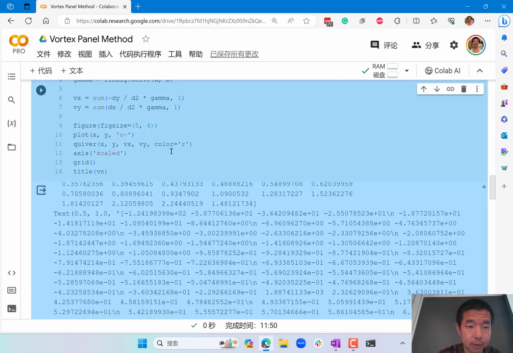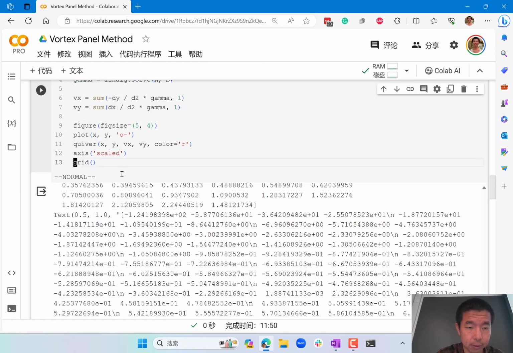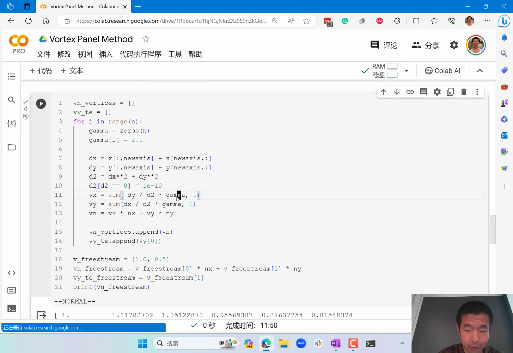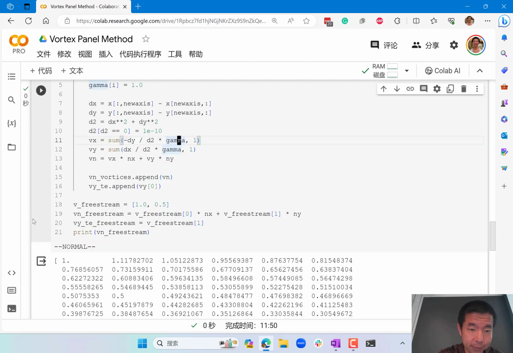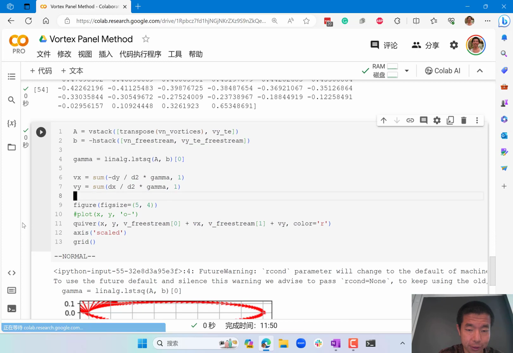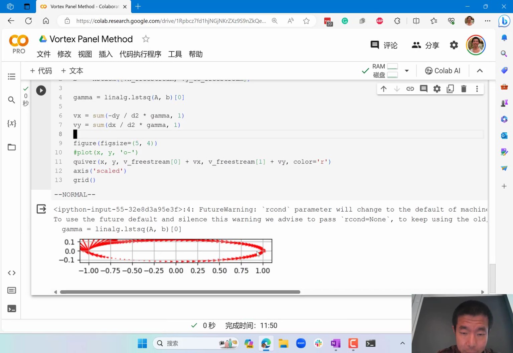Wait, don't do the title anymore. Oh, I think I was running the wrong cell. I should be running this cell and then run this cell, which actually computes the velocity with the Kutta condition.